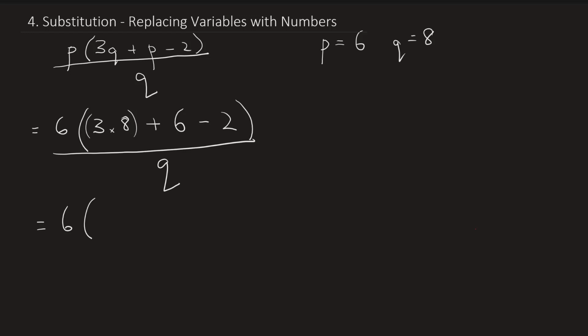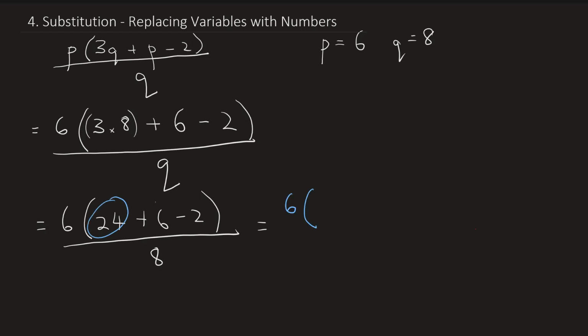This equals 6 outside of 8 times 3 is 24, plus 6 minus 2 over, oh, I forgot to substitute for q. So q is 8. 6 outside of 24 plus 6 is 30, minus 2 is 28, over 8.